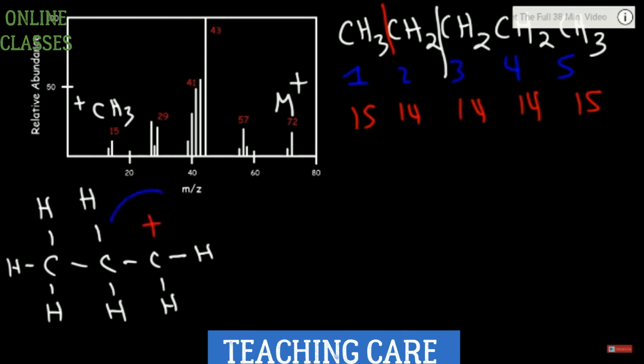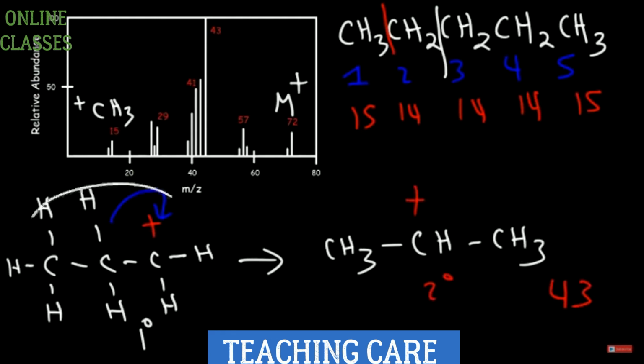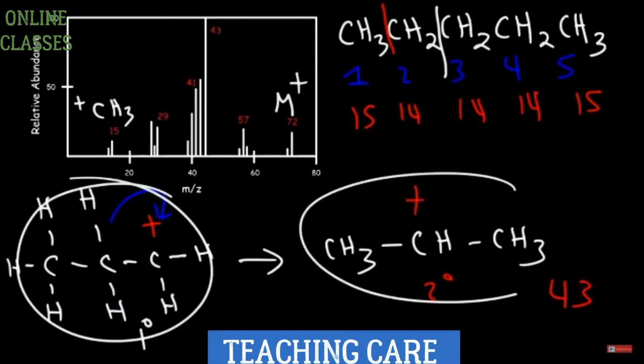A hydride shift can occur, converting the primary carbocation into a secondary one. So this is going to be CH and then CH3 with the plus charge on the secondary carbon. And so the m/z ratio for this as well will be 43. So this carbocation can easily rearrange into this one as well.